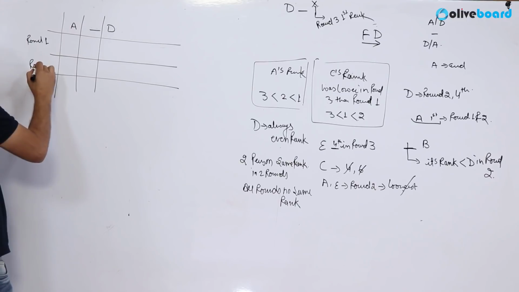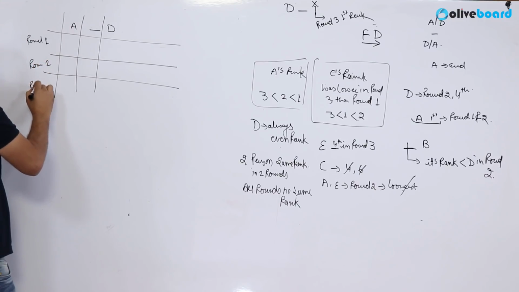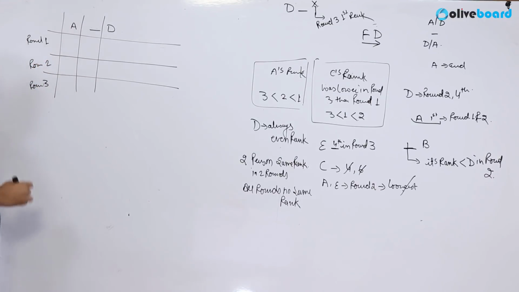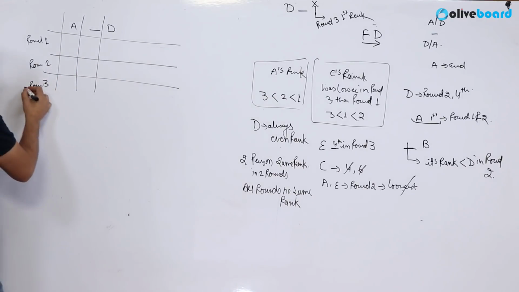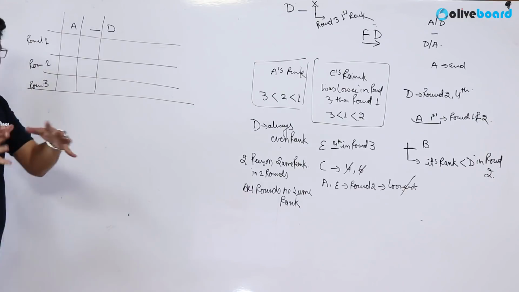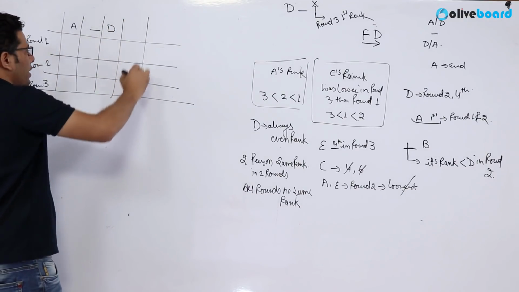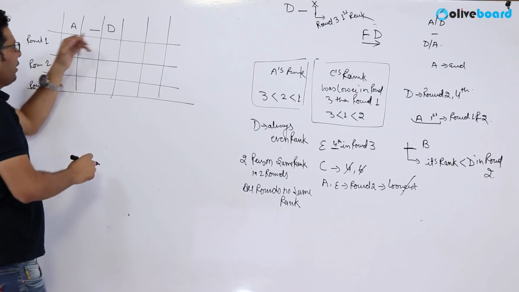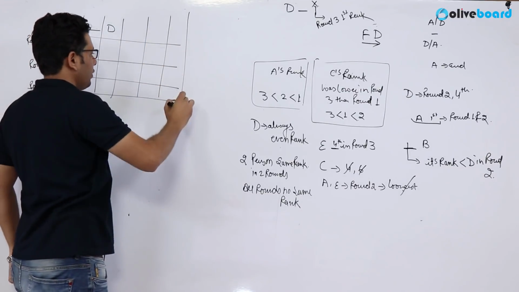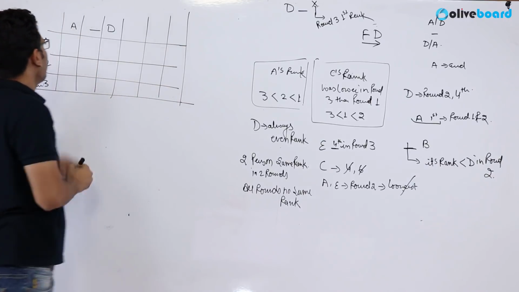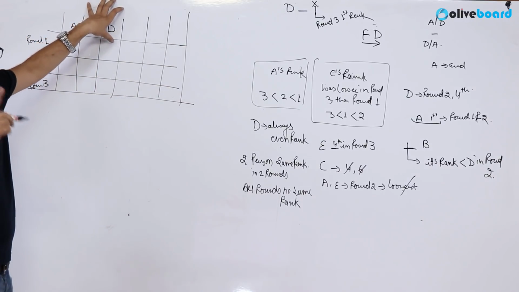This is my round 2. And this is my round 3. So I will have this kind of arrangement. And if there are 6 persons, then the remaining persons would be here: 1, 2, 3, 4, 5, and this would be my arrangement. Okay, this is a case.